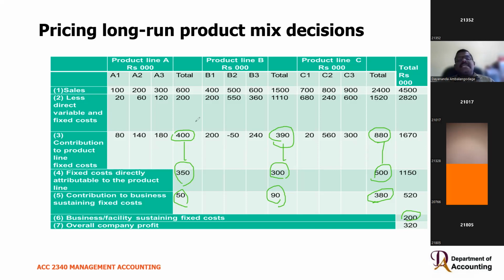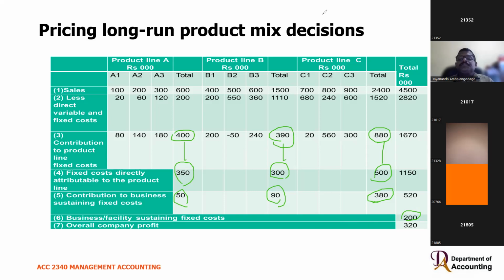This is called profitability analysis, meaning that you are making a product-wise cost information comparison, but you will always identify the variable cost, directly attributable cost, fixed cost attributable to your product, fixed cost attributable to your product line, fixed cost attributable to the business, the total business organization, or fixed cost applicable to providing facilities to the product line.